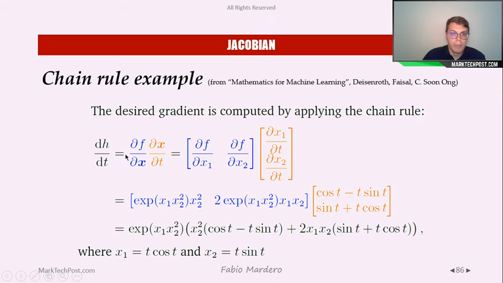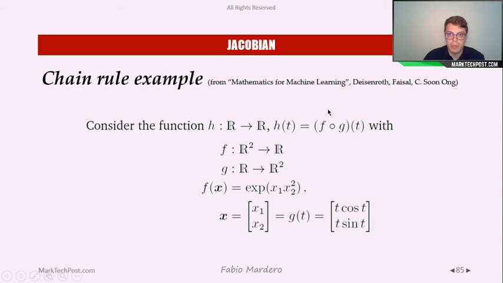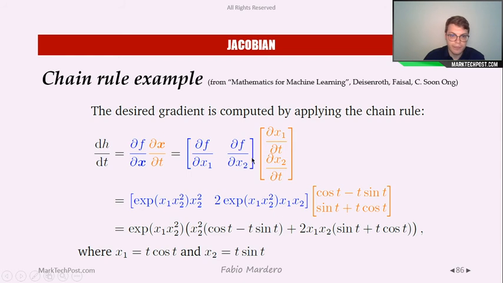So we want to compute now the gradient of h with respect to t. Remember that h is the composition of f and g. So here we have to apply the chain rule.